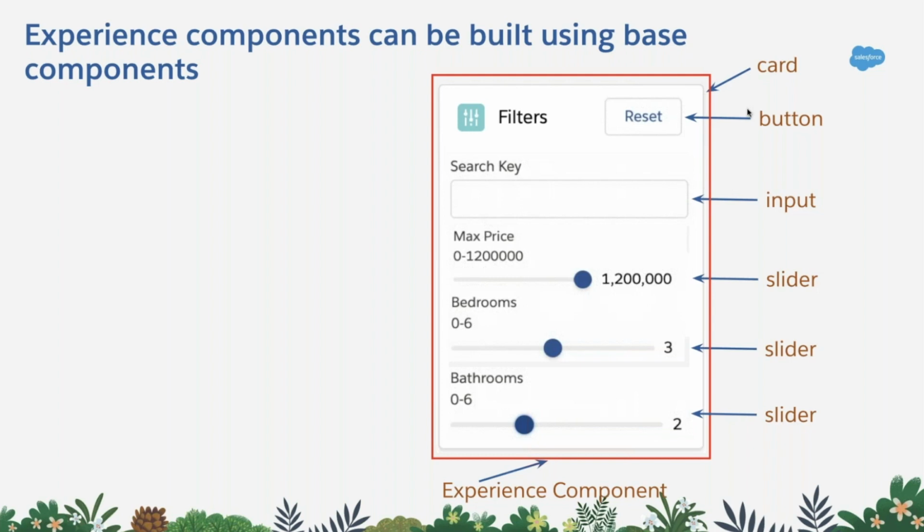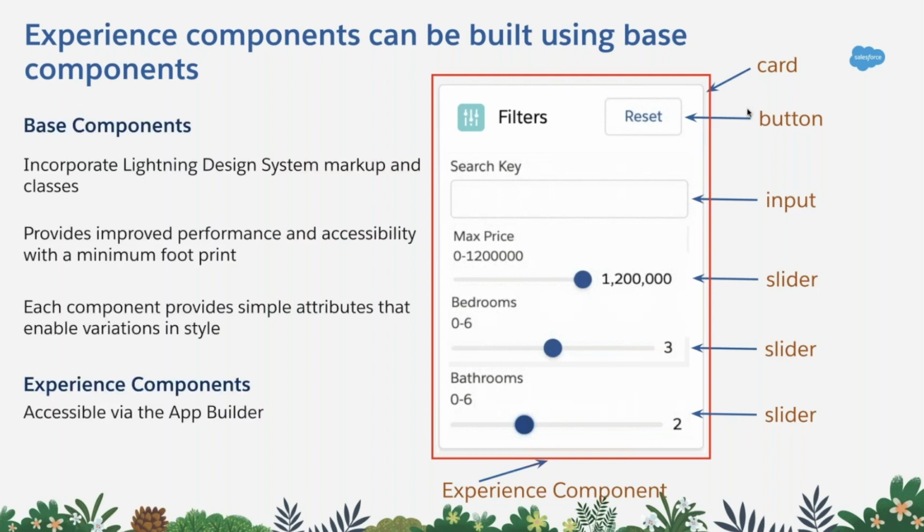So what is the benefit of using base components? Base components are built using the Lightning Design System internally, which means LDS is directly available to you, and they are all built using the best coding practices, so they provide improved performance. And these components have a very minimal footprint, so it's going to make your experience even faster.